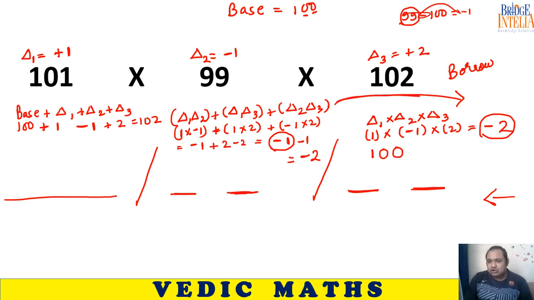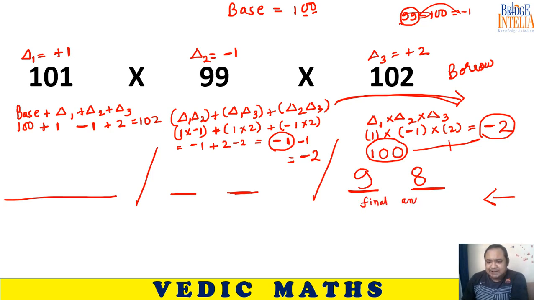So this chamber now has 100 as well as the earlier minus 2. What is the sum of both? 98. So write 98 here. Now the problem is solved, and this is the final answer for this part.